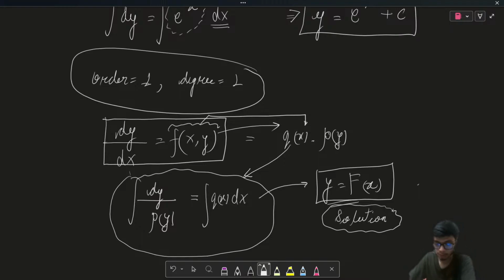Okay, so we will now go about solving some questions, and we'll try to understand how we can arrive at the solution from a given differential equation by using the simple formation of variable separable form, right? Let me take a simple question to start with.